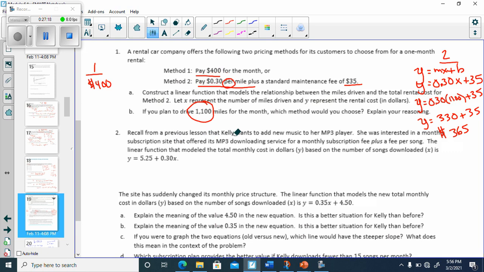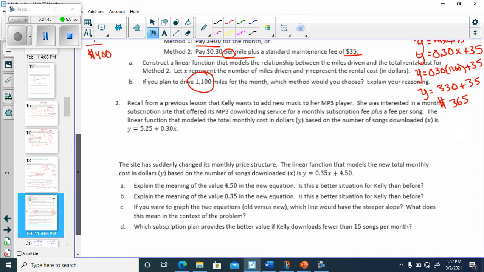Recall from a previous lesson that Kelly wants to add new music to her MP3 player. She was interested in a month subscription site that offered its MP3 downloading service for a monthly subscription fee, plus a fee per song. The linear function that modeled the total monthly cost is shown here. Y is equal to 525 plus 30 cents per song times your number of songs.